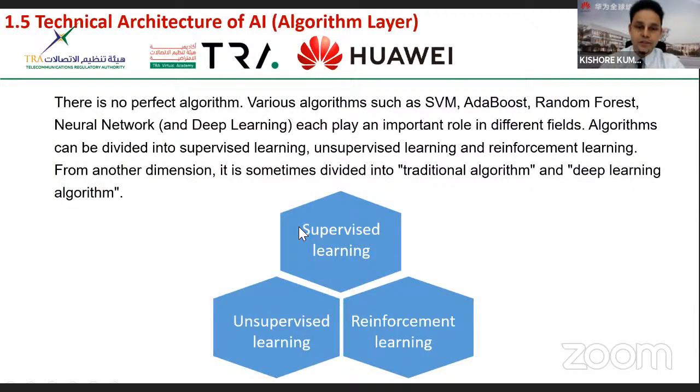And again, as I mentioned, this whole AI core is machine learning and deep learning, and they are segmented into supervised learning, unsupervised learning, and reinforcement learning. Briefly, in supervised learning, we have data and we know what they are. So we have input and output. As input, we have data. As output, we have labels, what they are.